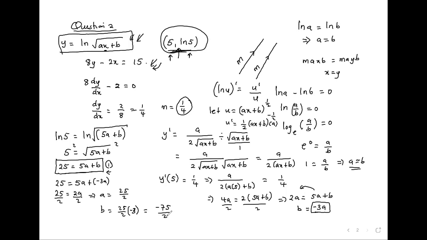Okay, no questions. This was part A of this question. We got part B. Part B, find the equation of the normal line to the curve at the point (5, ln 5). Ours is to find the equation.